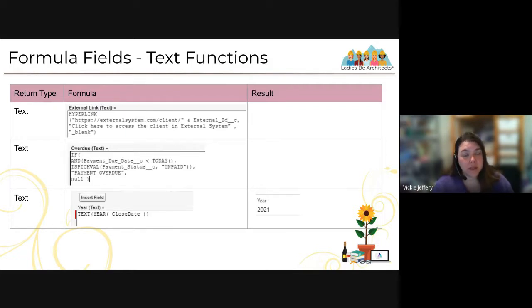I'm telling the system that I want this to return as a hyperlink text. I'm saying, okay, so use this first part of the URL and use the external ID field, my custom field. So it's going to put a number in or something in there. The text that I want to show for the URL is click here to access the client in the external system.